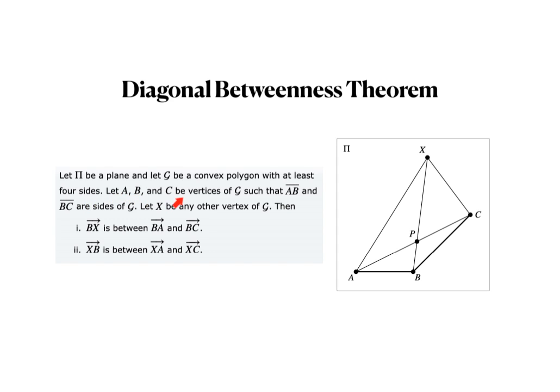Let A, B, and C be vertices of G such that segments AB and BC are sides of G. Let X be any other vertex of G. So I've let this be X. Then the ray BX here is between BA and BC. And then in addition, the ray XB here is between XA and XC.